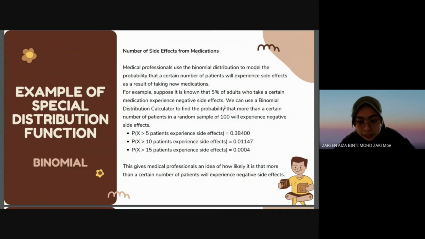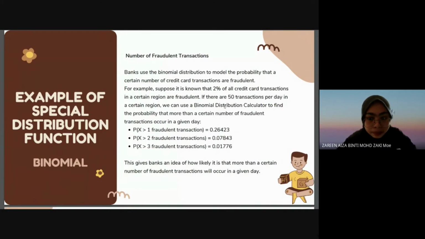Next, banks use the binomial distribution to model the probability that a certain number of credit card transactions are fraudulent. For example, suppose it is known that 2% of all credit card transactions in a certain region are fraudulent.